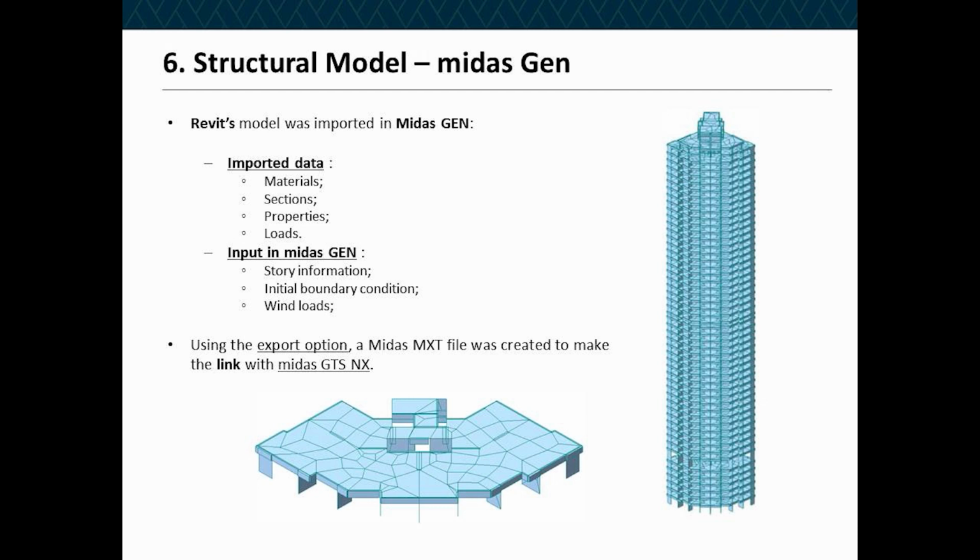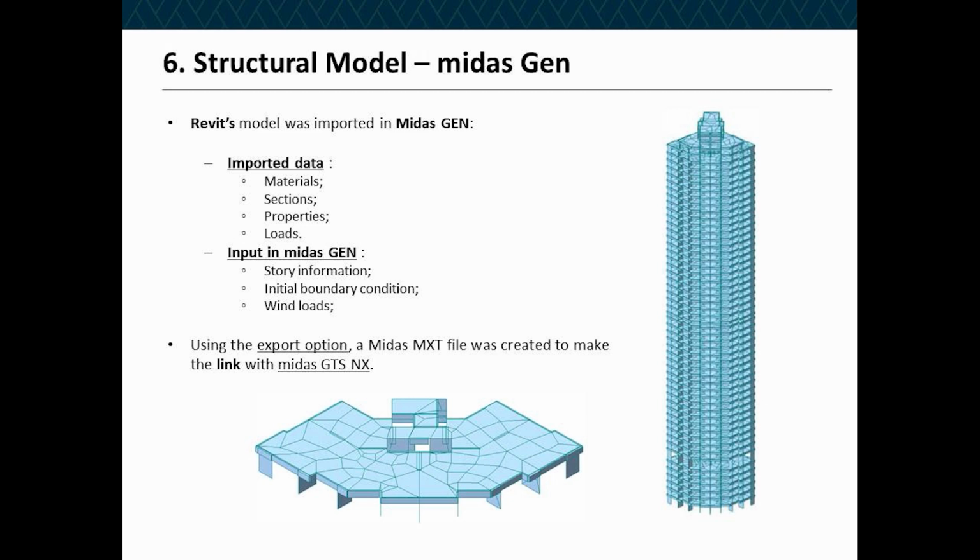The model was then analyzed to check for inconsistencies, and comparing the reactions obtained by the structural team on their platform and those obtained by us in MIDAS Gen, the difference was smaller than 5%, which we considered a very good approach. Along with the structural team, the behavior of the model was approved and then exported to MIDAS GTS to start the foundation iteration process.